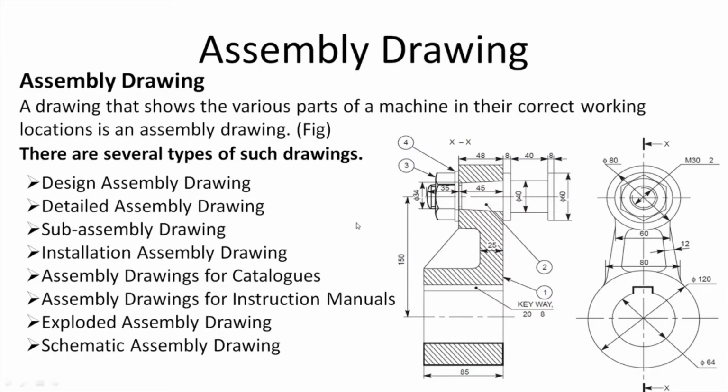The first one is a design assembly drawing. Once you design a system or a component, you need to provide its detailed drawing. This design assembly drawing includes the dimensions and material specifications as well as some GD&T symbols.